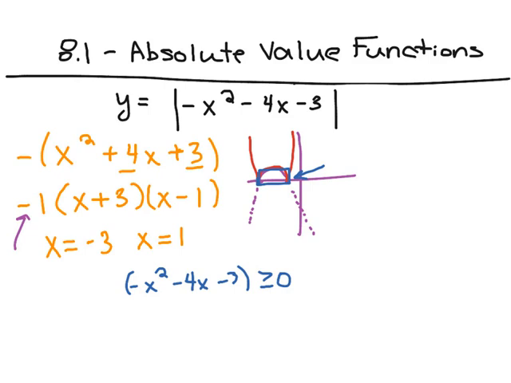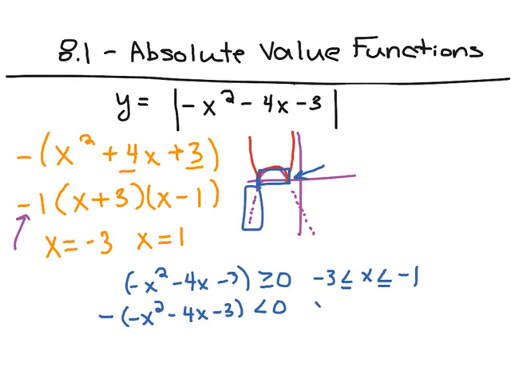So this is true when negative 3 is less than x, which is less than negative 1. When the function is negative, these should have greater than or equal signs. It'll be either x less than negative 3 or x greater than negative 1.